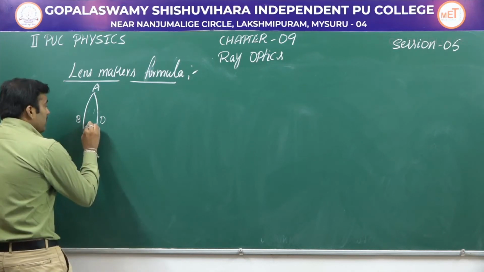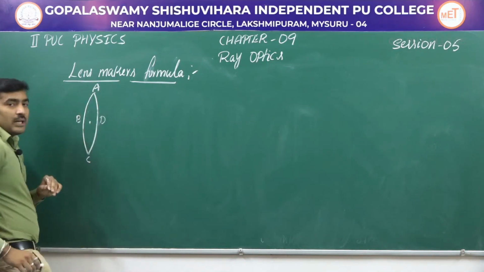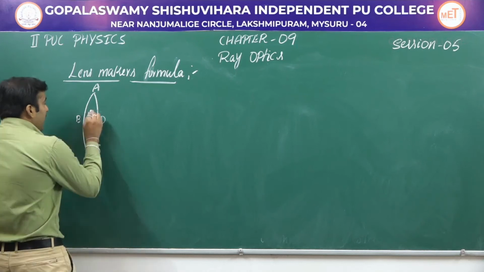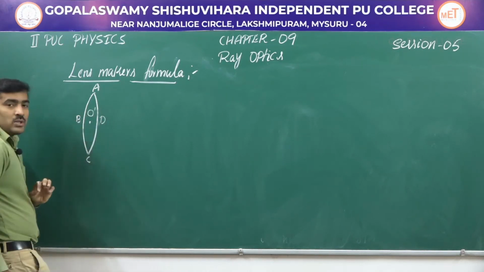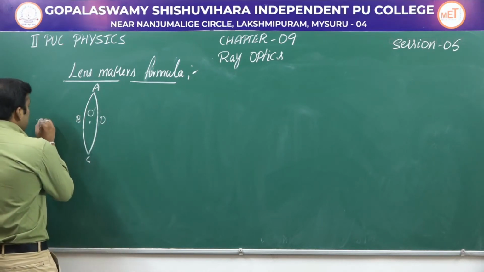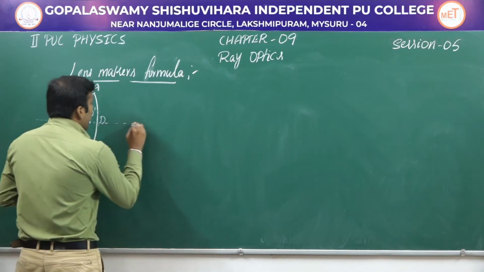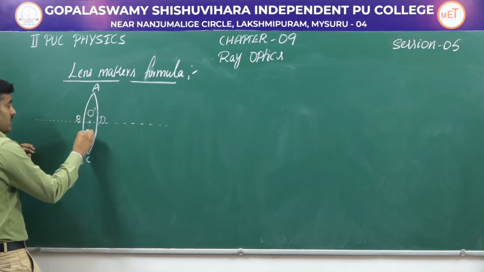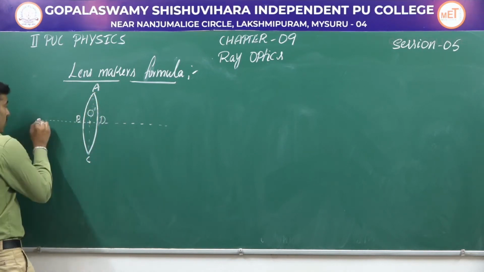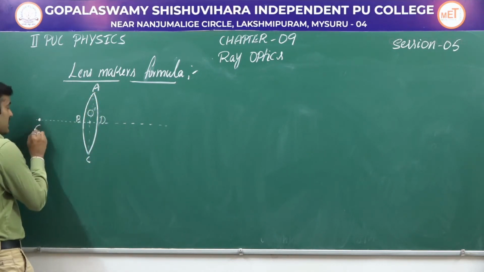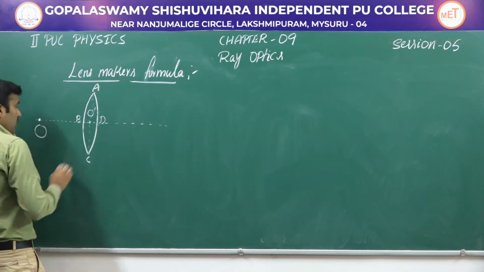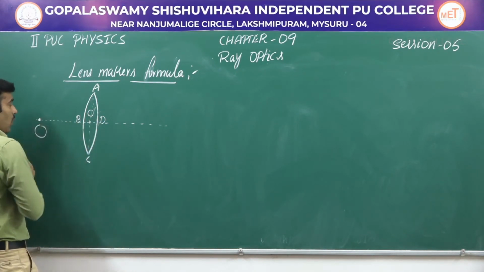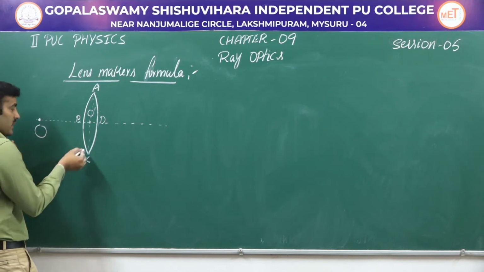So let us mark the geometrical center, which is nothing but the optical center, and let me name that O dash, and let us draw a principal axis. This is an aperture. When the object is placed somewhere here, this is an object O, then the distance from this optical center to the object can be taken as object distance.